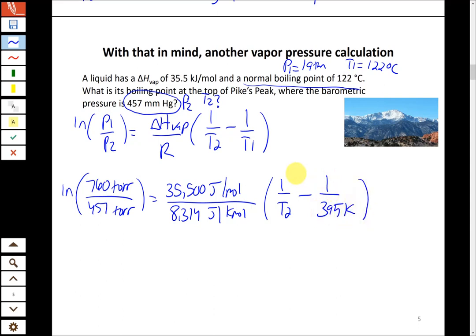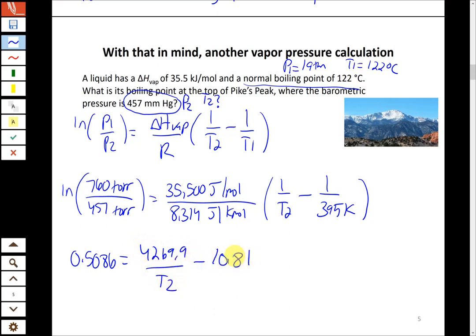All right, so our only unknown is T2. I guess I can walk you through the algebra a little bit on this. If we take the natural log of this ratio, we get 0.5086. And then when we divide these two and distribute the terms, we get 4269.9 over T2 minus 10.81.